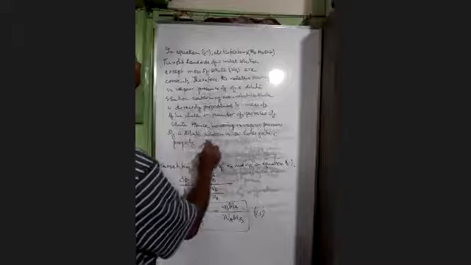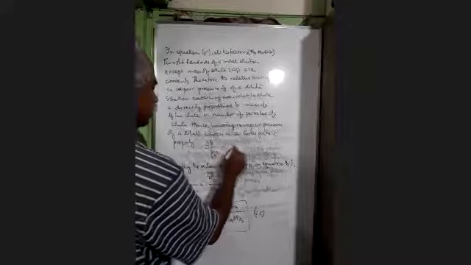What did you find here? Delta P by PA0 is directly proportional to WB because others are constant. Relative lowering in vapor pressure of a solution is a colligative property. So from this equation, after that you write finish.